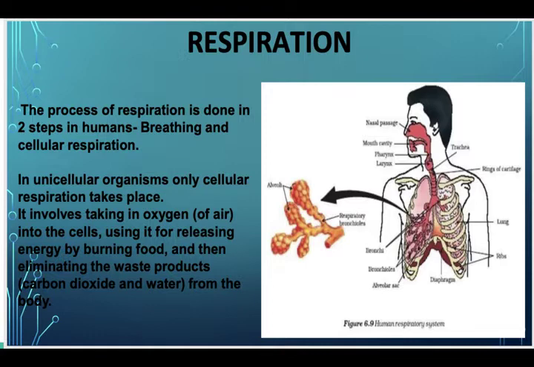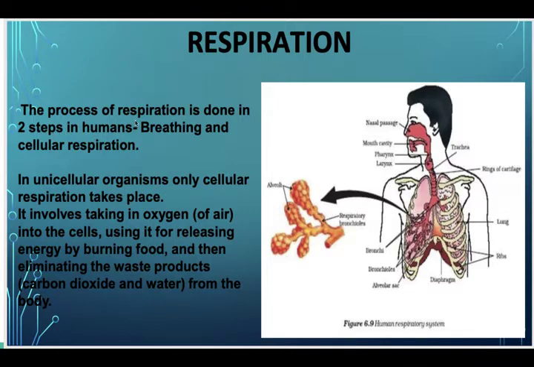Glucose is also a simple substance, but now it is converted into still simpler substances, and then it is able to release energy in the form of ATP, which is adenosine triphosphate, the energy currency of our cell or our body, with the help of which we do so many functions.